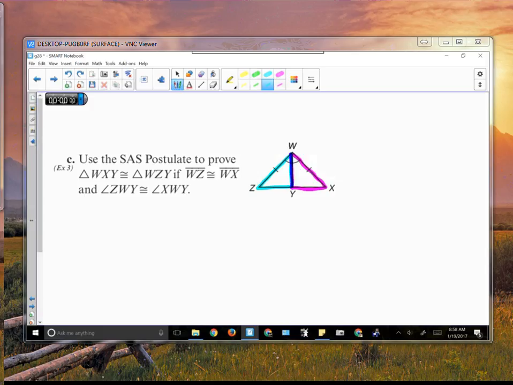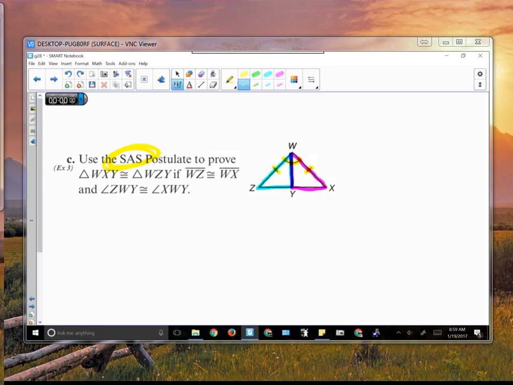I know that I've got this congruent to this, right? I know that I've got this congruent to that. And I know that I'm supposed to use this idea of side angle side. So I've got my side, I've got my angle. What side would I need to get congruent?